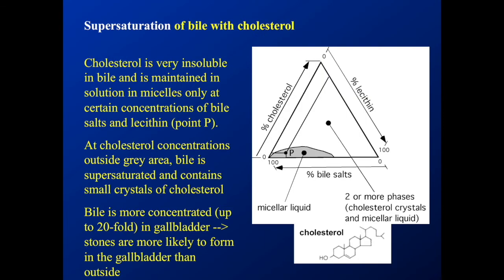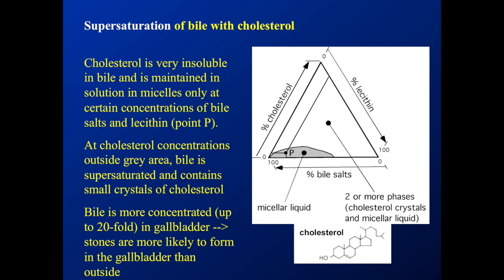So this figure shows the supersaturation of bile with cholesterol. As I mentioned, it's very insoluble in bile and is maintained in a solution of micelles. And in order for the micelles to maintain their integrity, they need to be at a certain percentage of bile salts and cholesterol, that's shown here, essentially low cholesterol percentage and a high bile salt percentage yields this micellar liquid.